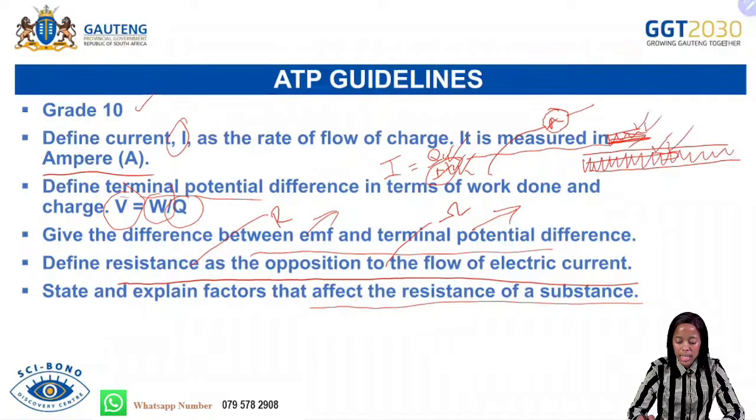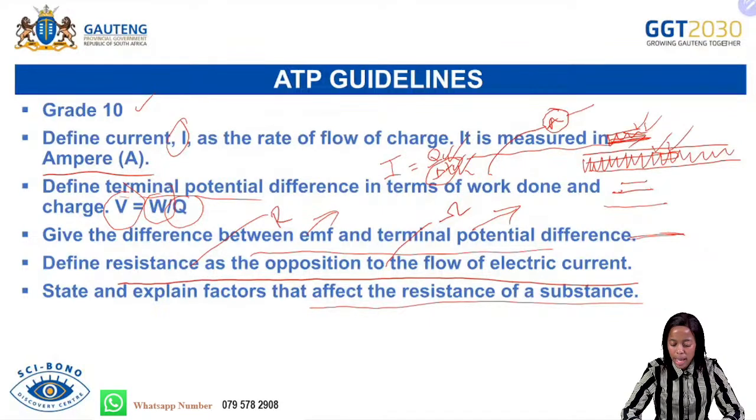And then again, in terms of the thickness of the wire, if we compare a thin wire and a thicker wire, we are going to say that a thicker wire is going to offer less resistance as compared to a thin wire there.